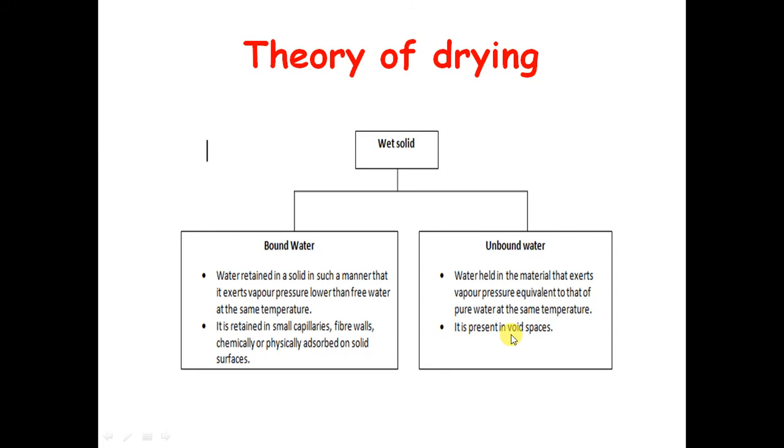When we remove this unbound water, we say the product is air-dried. When we are able to remove the bound water, we say the product is bone dry. Thus we can say unbound water is present in non-hygroscopic material and bound water is present in hygroscopic substances.